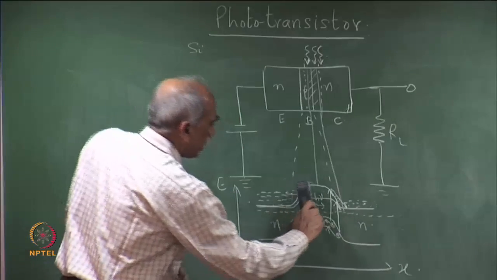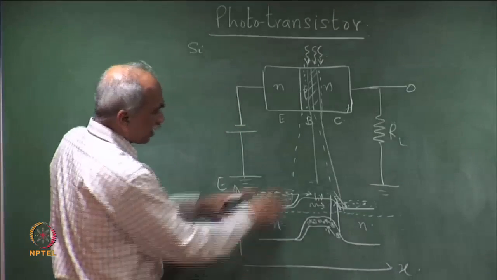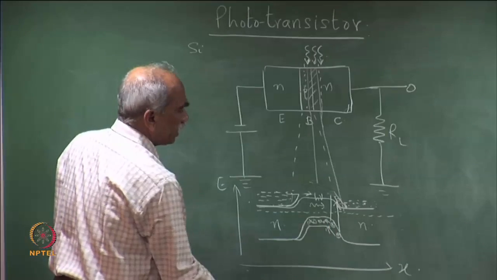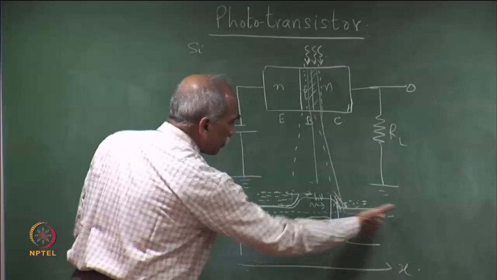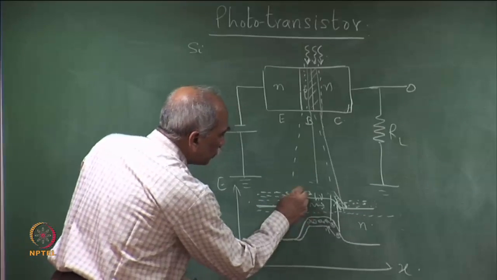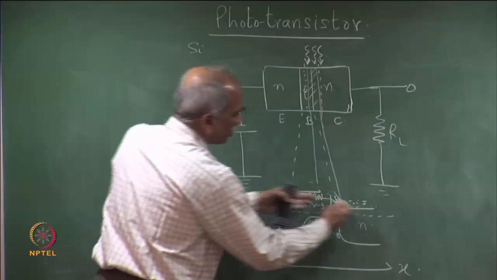Now, let me erase the earlier barrier. We can see now that the barrier has been lowered because of holes accumulating in the P region. The electron is flowing towards the N region, but the lowering of the barrier leads to an electron surge from the emitter side to the collector side.